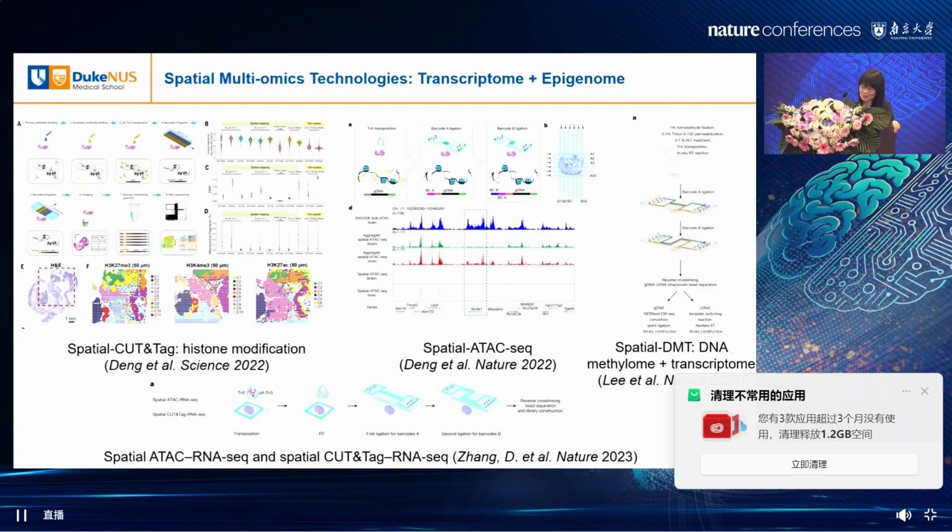And more recently, Yanxiang's lab developed spatial DMT, which simultaneously measures DNA methylation and the spatial transcriptomics from the same tissue slide. I haven't looked at the data yet, but I think it'd be very interesting to look at how the DNA methylation can be correlated with the gene expression activities.